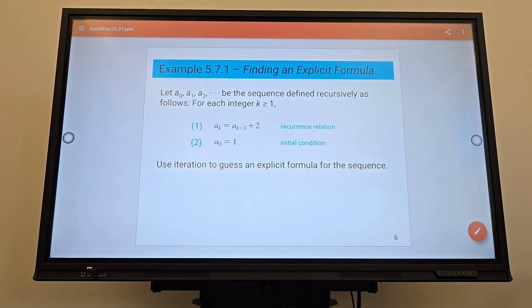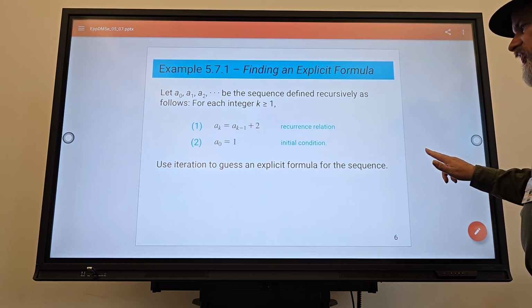Let a_0, a_1, a_2, and so forth be the sequence defined recursively as follows. For each integer k greater than or equal to 1, a_k equals a_(k-1) plus 2, and a_0 equals 1. Use iteration to guess an explicit formula for the sequence.